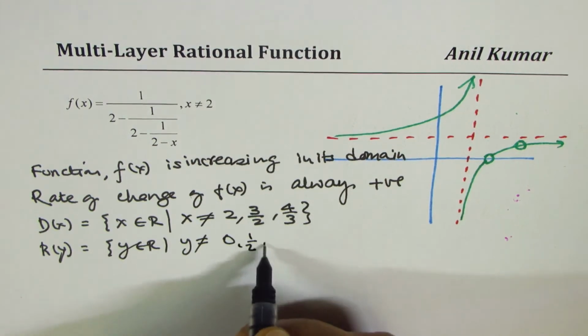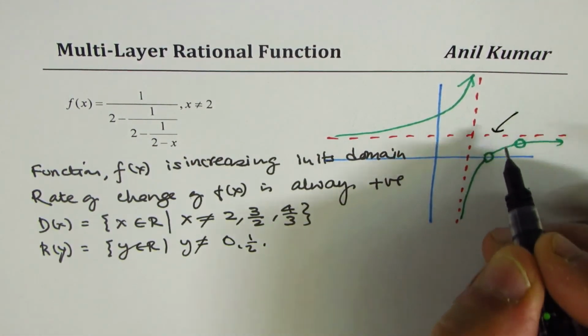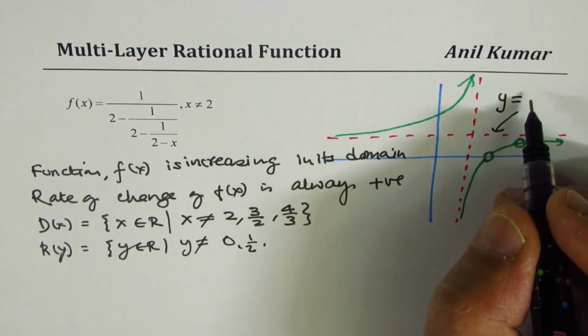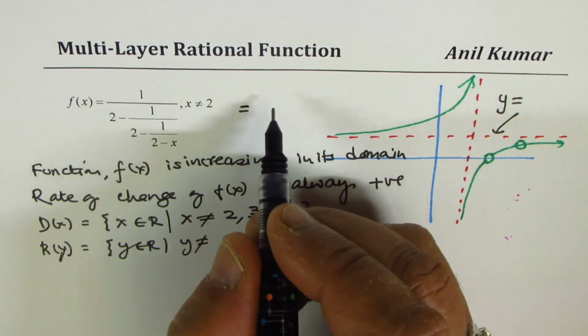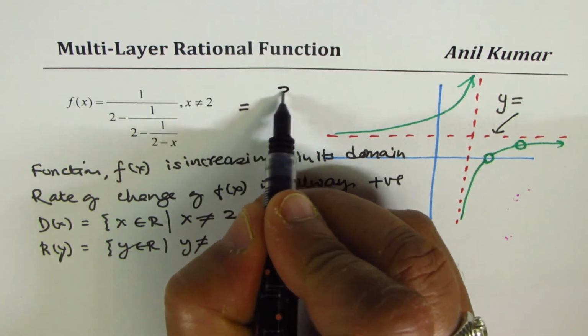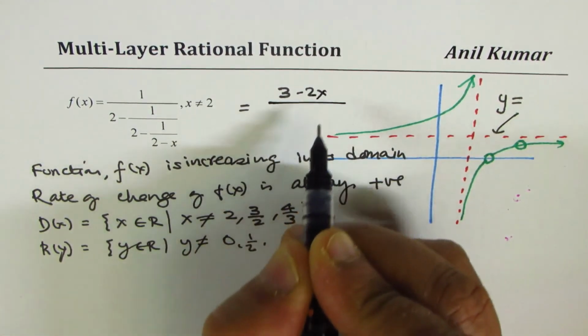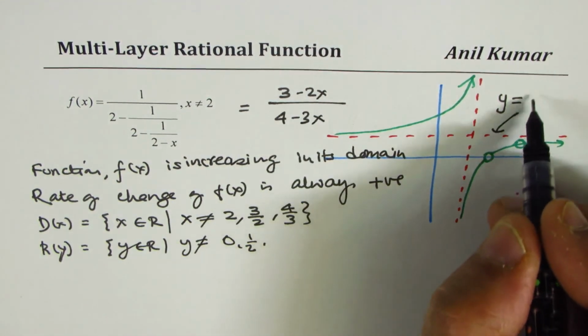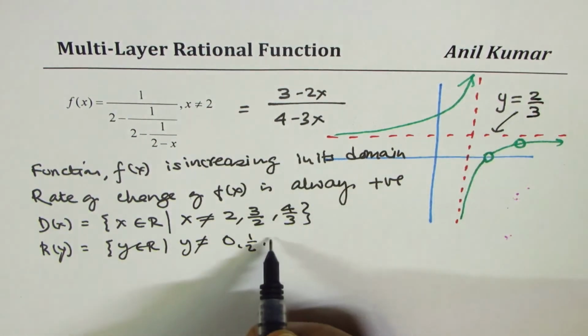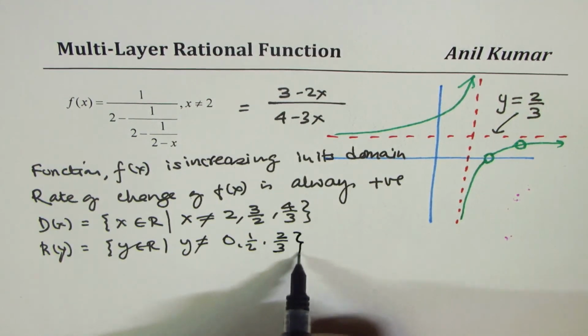So half and the horizontal asymptote, which is y equals to, we found that this could be written as 3 minus 2x over 4 minus 3x. So 2 over 3. Perfect? Right.